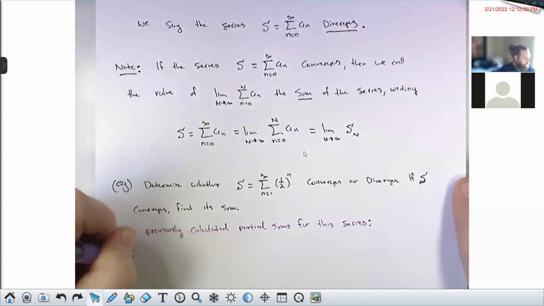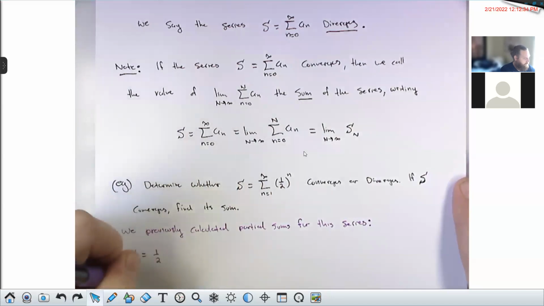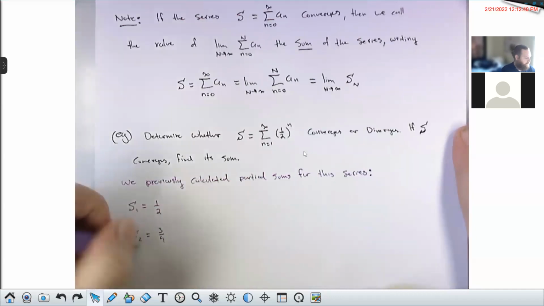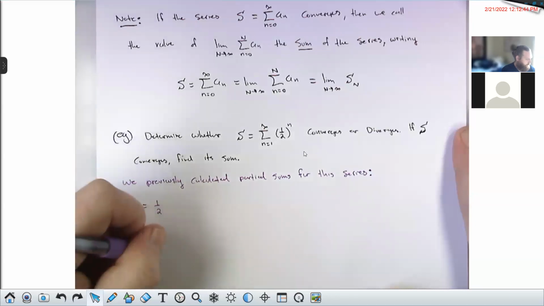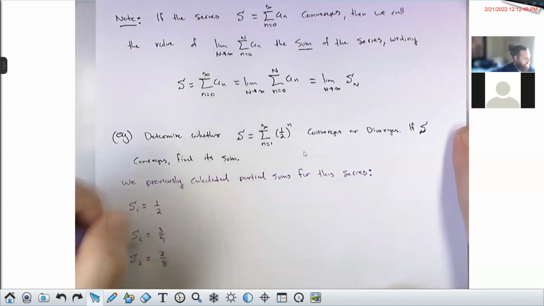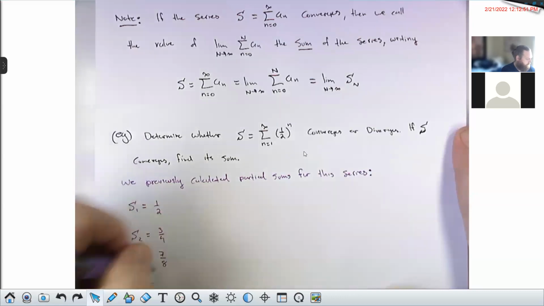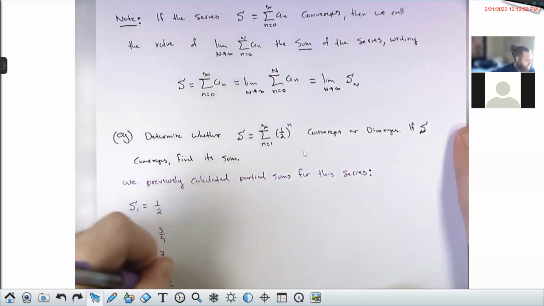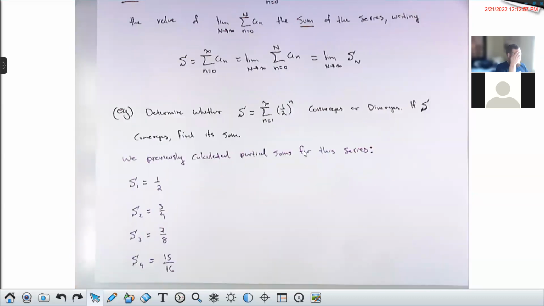We calculated that S1 was 1/2, S2 was 3/4, S3 was 7/8, S4 was 15/16. And I'll just stop here for the purposes of this problem.